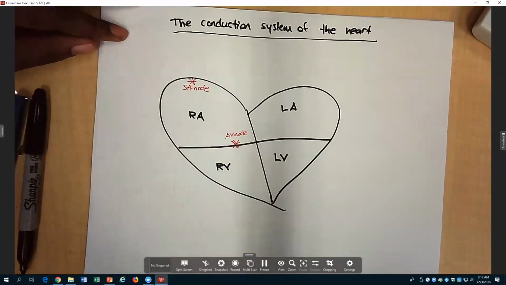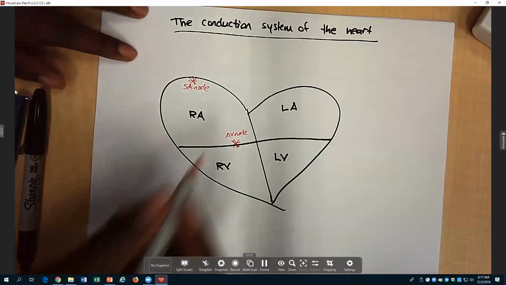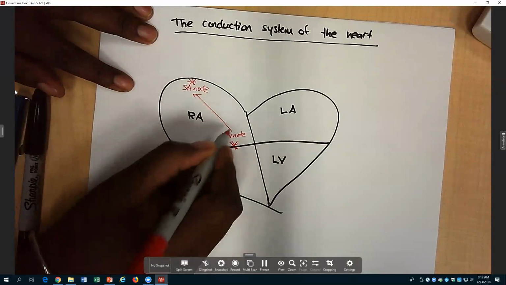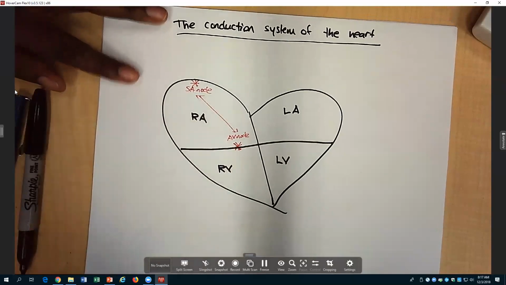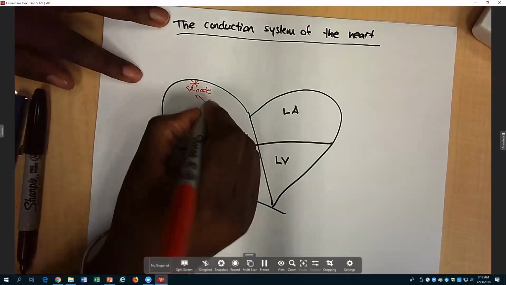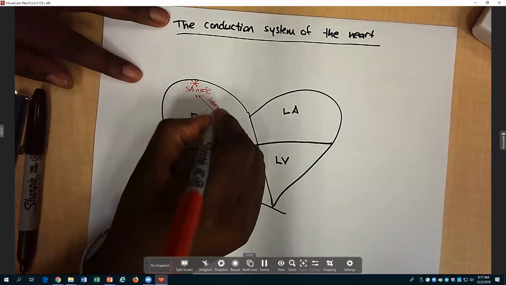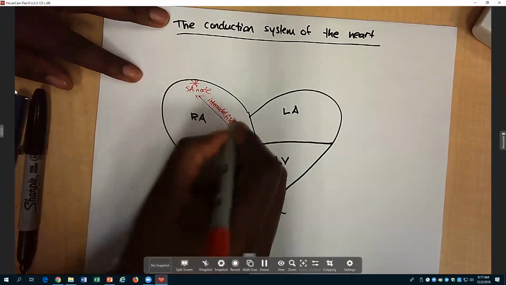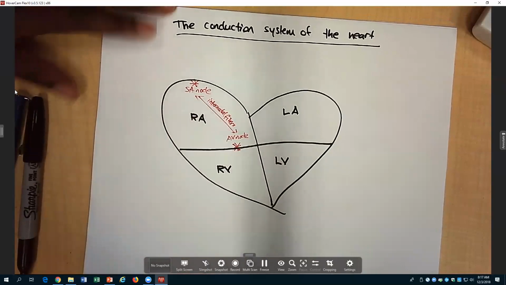Now we also talked about some of the conduction fibers, right? First of all, there were some fibers in between the AV node and the SA node. This was called the internodal fibers. Can you guys see that?